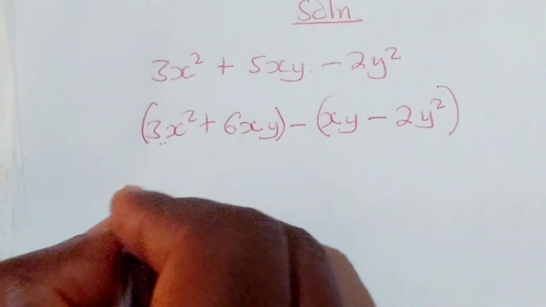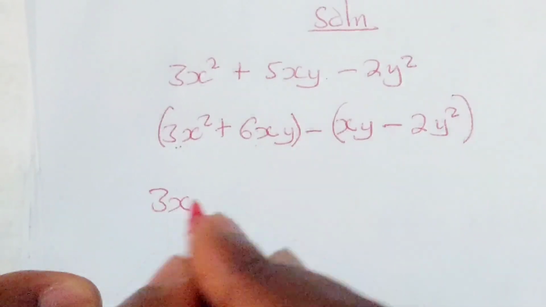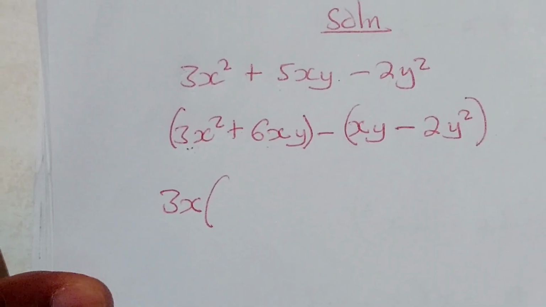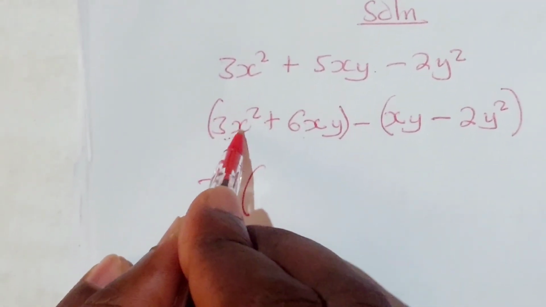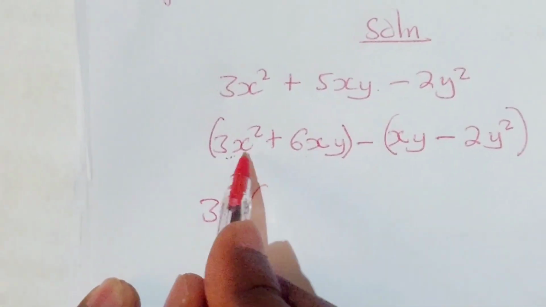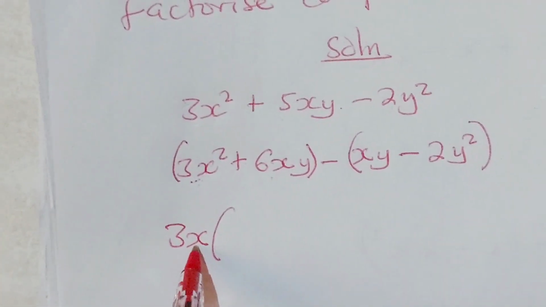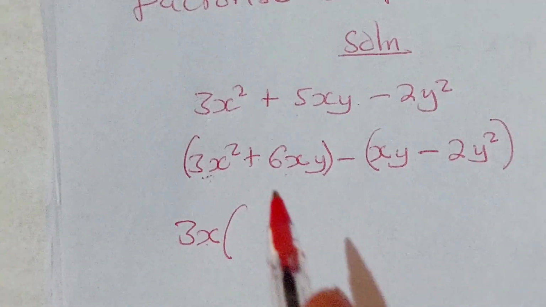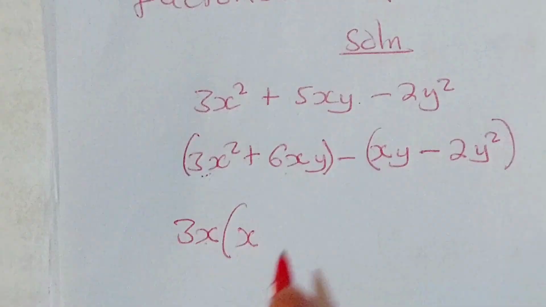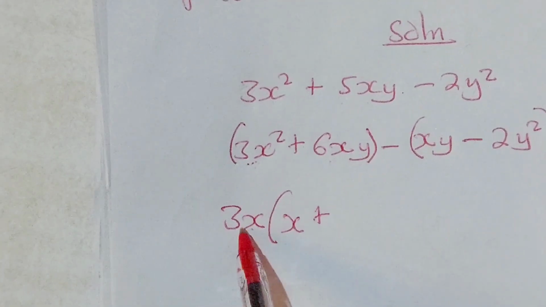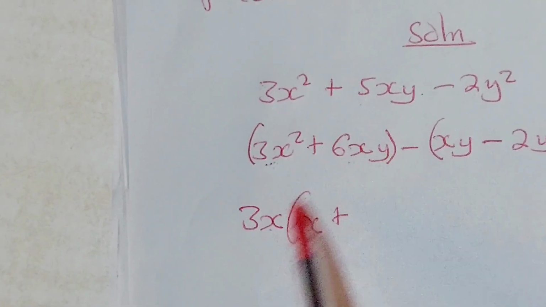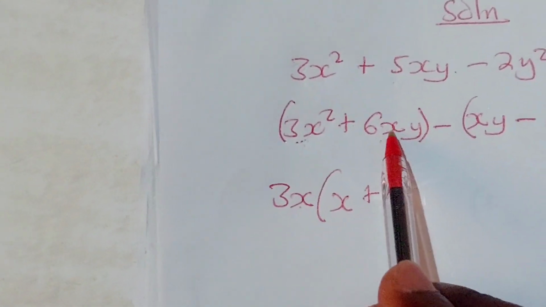So we are going to say 3x, open bracket. If you look closely here, we have x squared. So we have only taken one x out, therefore we remain with the other x here. So we put x here. Plus, if you take 3 to go into 6xy, you will notice that it goes in twice.